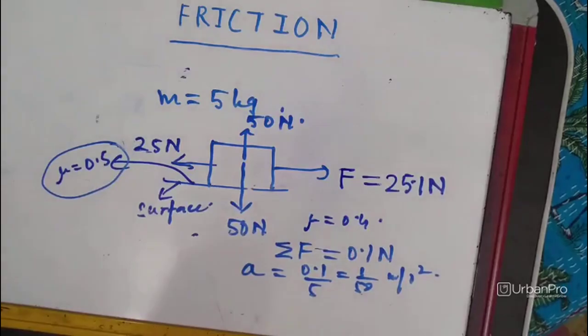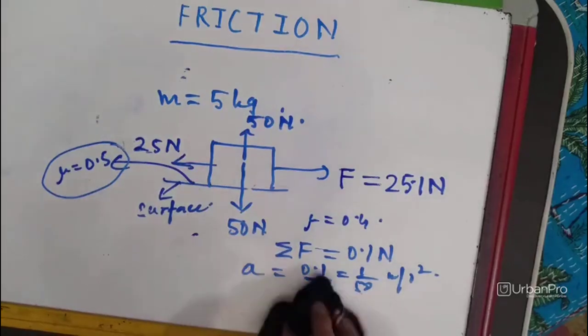So now friction has given up. It did its job until the external force was 25. Beyond 25, it's not possible for friction to keep the two bodies not in relative motion. So now the relative motion starts and the body starts accelerating towards the right.